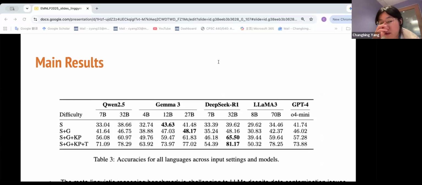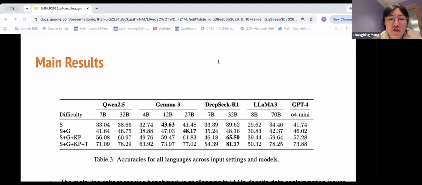Yeah, that is the first result I mentioned just now. We admit there is some data contamination issue. If it's guessing by chance, the accuracy will be 25%, because we have four choices.